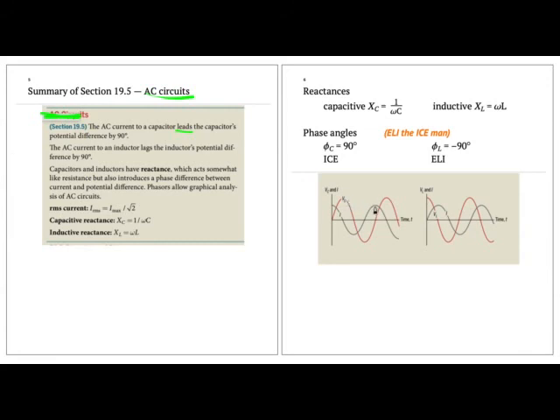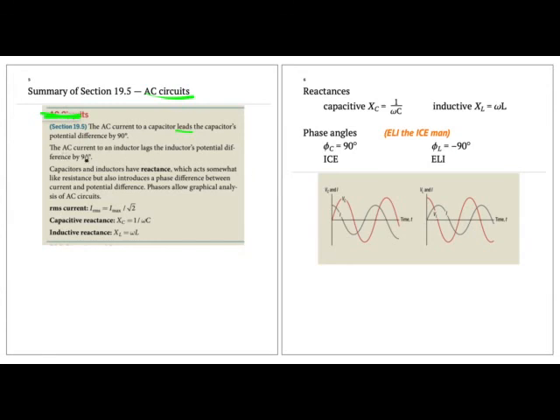Or if I look over here, the maximum negative current occurs here. The maximum negative voltage occurs a little bit later. So the current leads the voltage. First you have a maximum of the current, then a little bit later you have a maximum of the voltage.